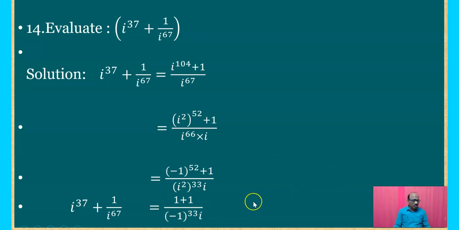That is 2 upon minus i. Then we will multiply it into the numerator and denominator by i. Then you will get 2i, and i into i is i squared, and you will get the plus sign. Therefore, overall you will get 2i as the answer. I have not completed it, you can complete it.